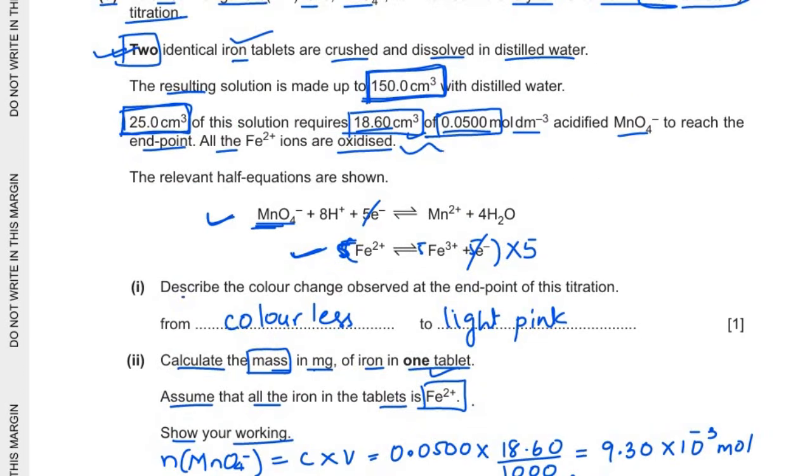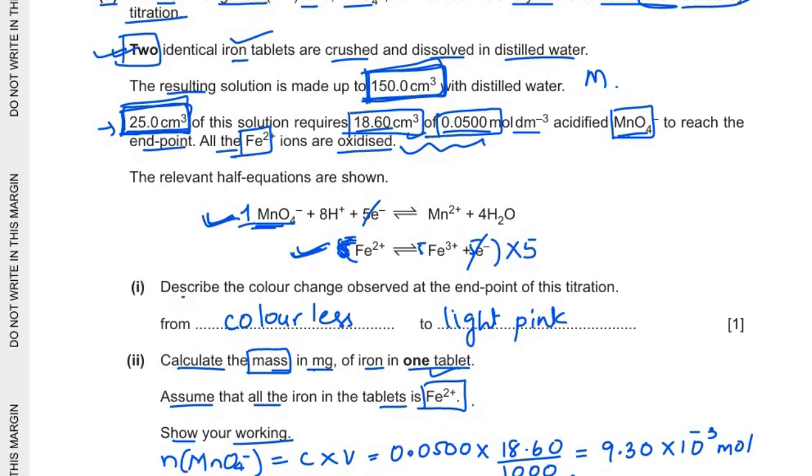We started with the titration, that is the moles of manganate ions. From that we calculated the moles of Fe2+, which was oxidized through this equation where the ratio was 1:5. Now these were the moles in 25 cm³. So from there by cross multiplication we got the moles of Fe in 150 cm³, and from that we found the mass, that is moles times the atomic mass of Fe.